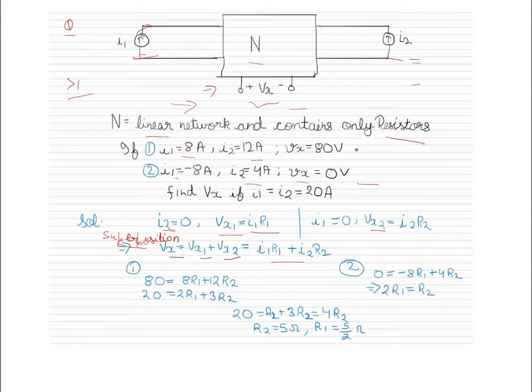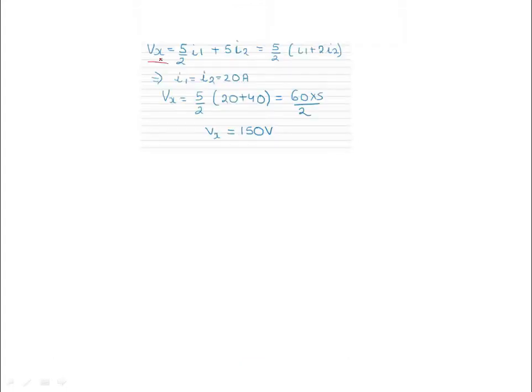Now we will put these two conditions here and solve. We will get the values of R1 and R2, and we put the R1 and R2 values in Vx. So the total Vx is this. Now the thing that was asked is the value of Vx when I1 and I2 are equal to 20 ampere.